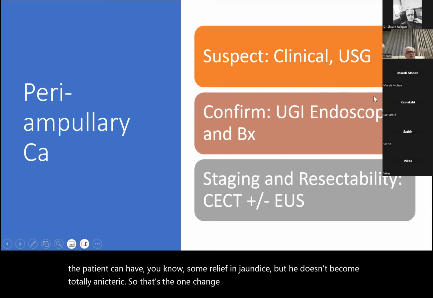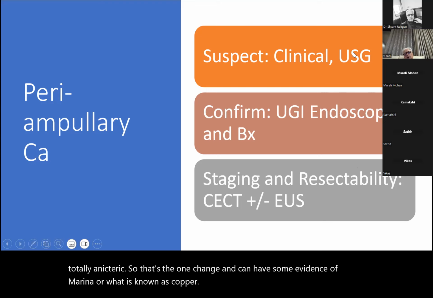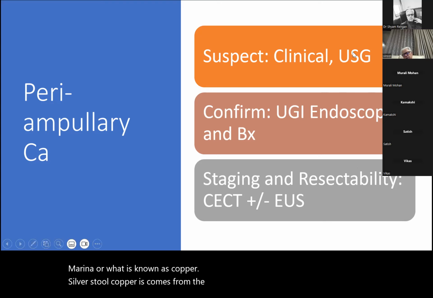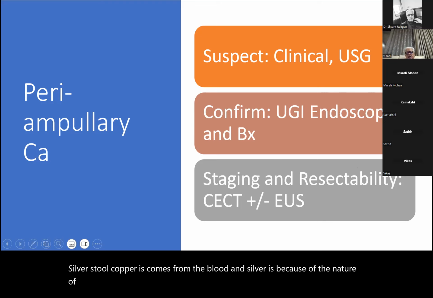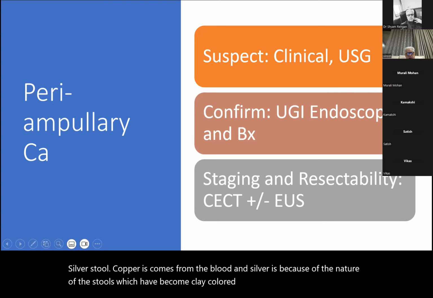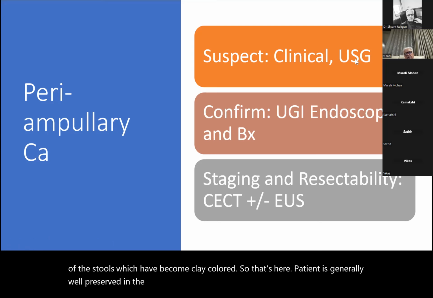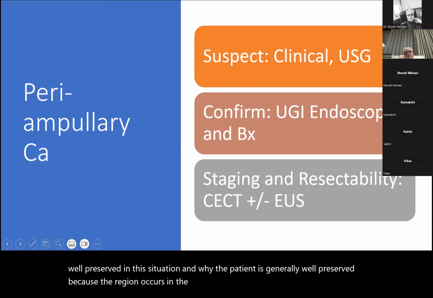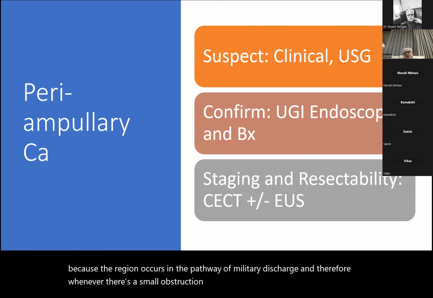And the patient can have some evidence of melena, or what is known as coppery silver stool. Copper comes from the blood, and silver is because of the nature of the stools, which have become clay colored. So here the patient is generally well preserved. And why is the patient generally well preserved? Because the lesion occurs in the pathway of biliary discharge, and therefore, whenever there is a small obstruction, the jaundice is the first to appear.